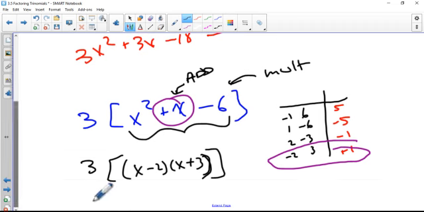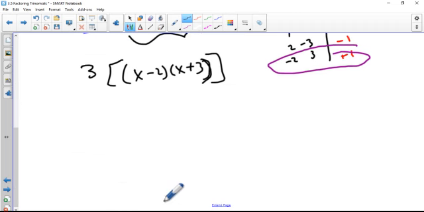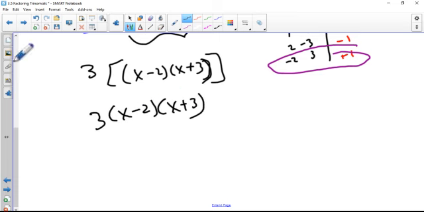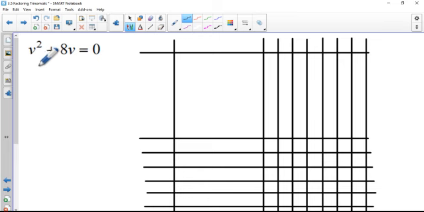So we don't actually need these square brackets, so we can just write this simply as 3 times x minus 2 times x plus 3. Again, this second part is just working on the premise of what we had done in the beginning. So this is a little different question, but similar in nature. So it becomes even easier.